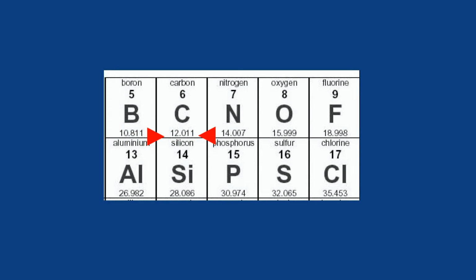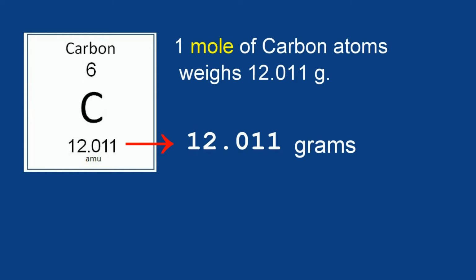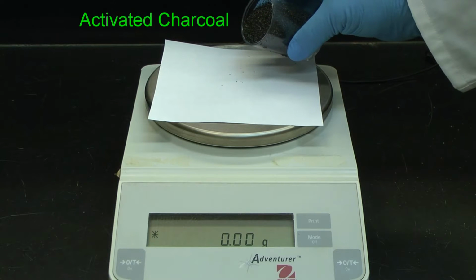So we go to the periodic table and we look up the AMU number of carbon. Then we erase the AMU and write in grams. So the weight of 1 mole of carbon atoms is 12.011 grams.